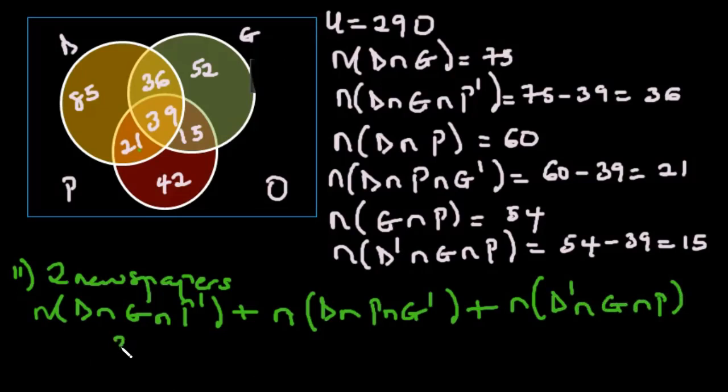And here we have 36 plus 21 plus 15. We add all of this together, we have 72 readers read exactly 2 newspapers. So let's go to the last one.